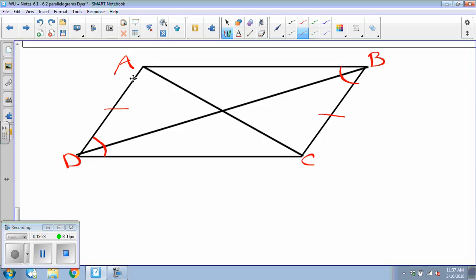Angle A and C, if those were congruent, then it would be a parallelogram, right? Or if AB was congruent to CD, then it would be a parallelogram, right? Or if this was parallel to this, then it meets one pair is both congruent and parallel. So y'all seeing what I was talking about now with these conditions? Okay. That's all I want to get at.